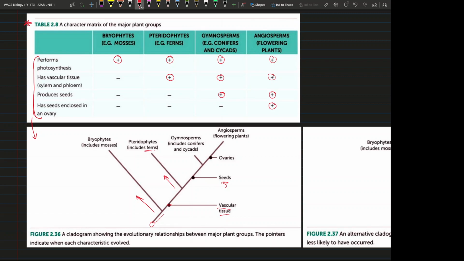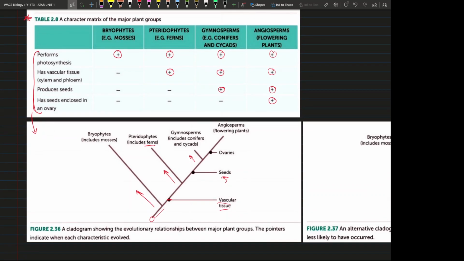So they branch out. Gymnosperms, the conifers, they don't produce the fruit. So they're just naked seeds, and they'll branch out into their own group, right? Until you have the flowering plants, which produce ovaries. Okay, so this same information can be used to produce a cladogram.